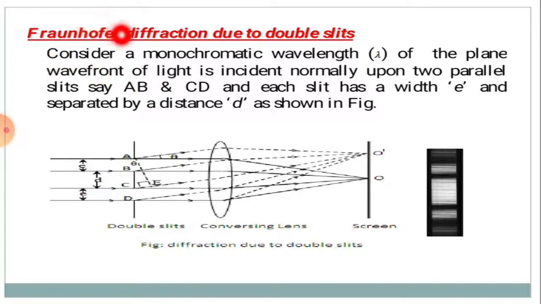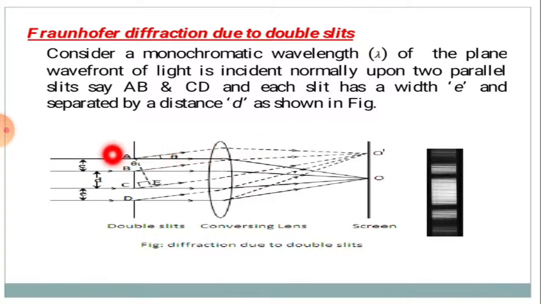According to Fraunhofer diffraction, the incident wavefront must be plane. Here, the wavefront required for this type of diffraction is plane or parallel. It is possible only when both the source and screen are effectively far from the slits.